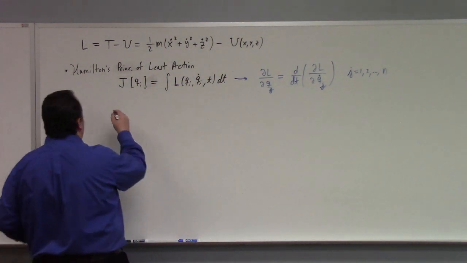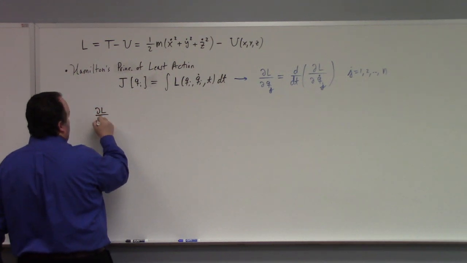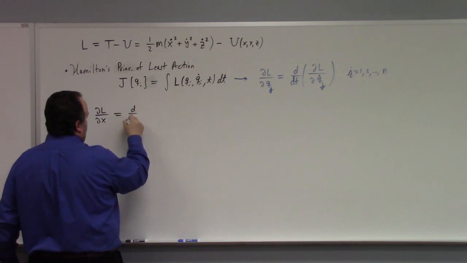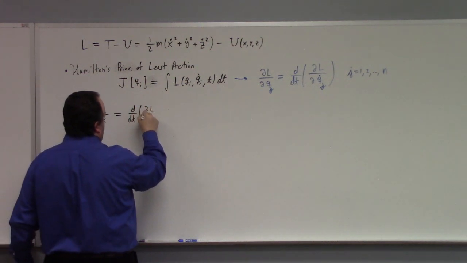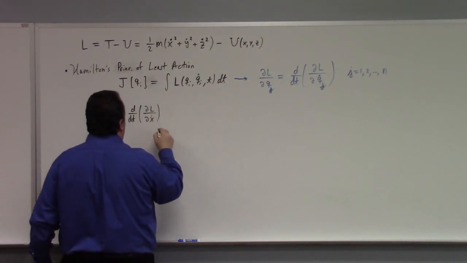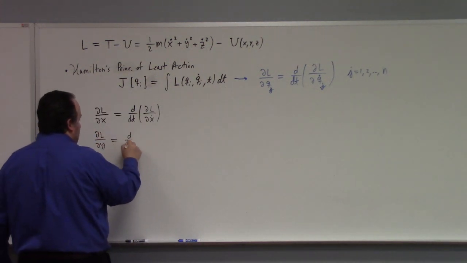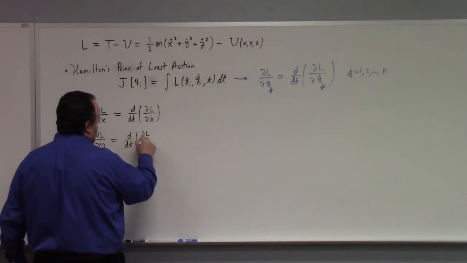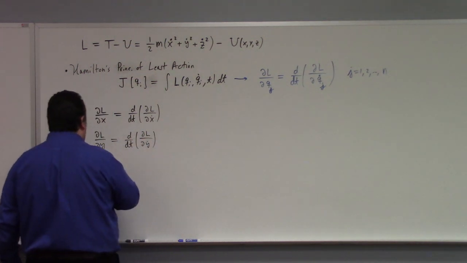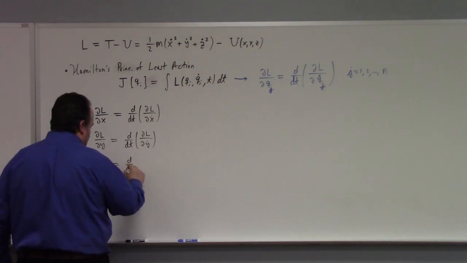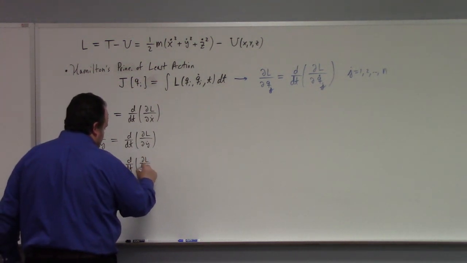We have partial L partial x is d/dt of partial L partial x dot. Partial L partial y is equal to d/dt of partial L partial y dot. Partial L partial z is d/dt of partial L partial z dot.